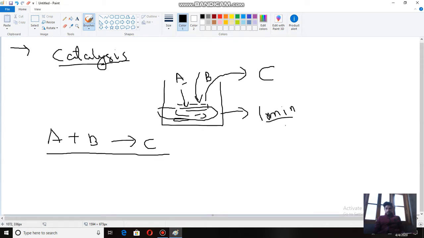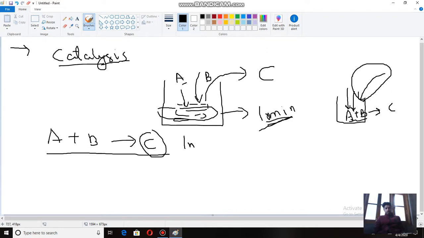Now we can use a foreign material and put it in this container in which the reaction A plus B giving C is taking place. By adding this foreign material, the time of reaction, for example, it was taking 10 minutes to form 1 mole of C, now will take only 7 minutes. What happened?